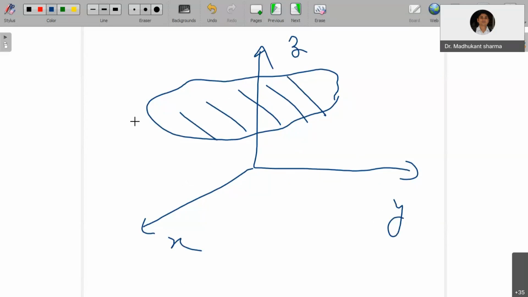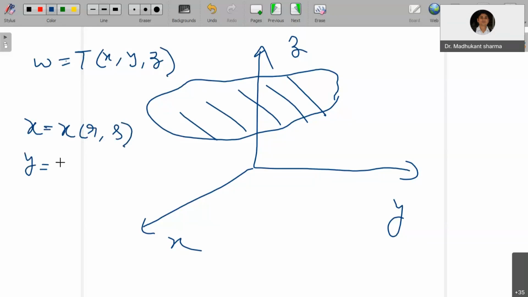Then you have w equals, let's say, T of x comma y comma z. So along the rectangular plate, you can look at x as a function of 2 variables, let's say r and s here. y also you can look at as a function of 2 variables, and z also as a function of 2 variables r and s.